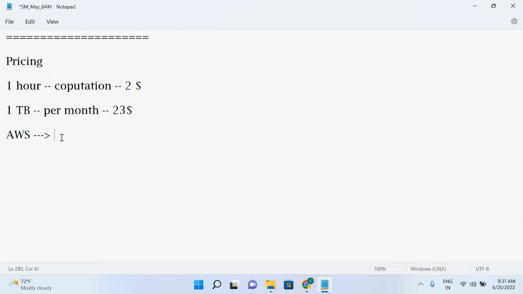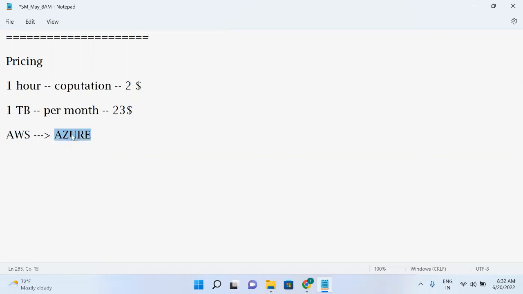Going forward, down the line after 2 years, let's assume your organization decides they want to move completely from AWS to Azure. In this situation, the complete data also needs to be transferred from AWS to Azure. When they transfer this complete thing, it comes under data transfer implementation.